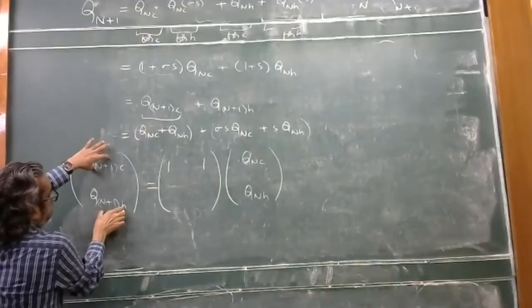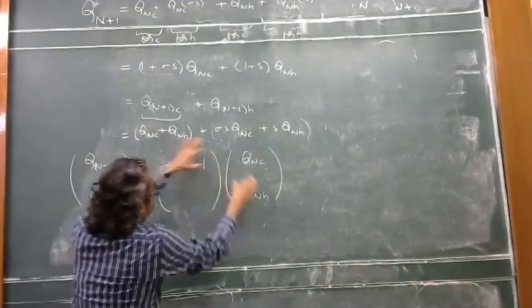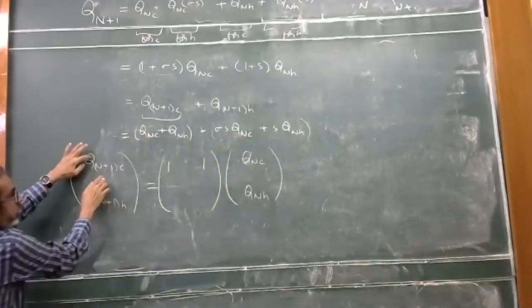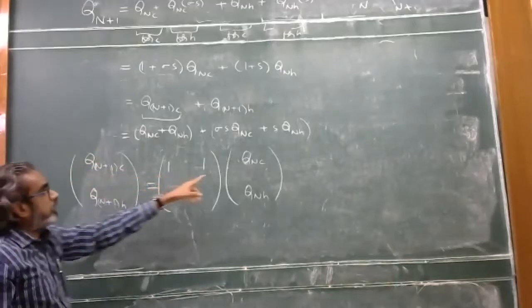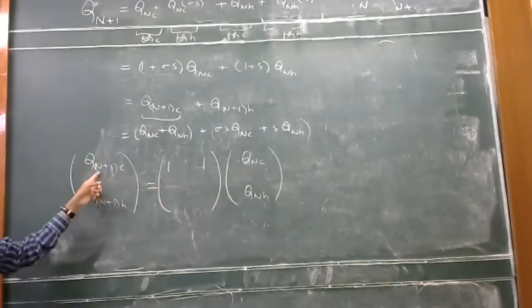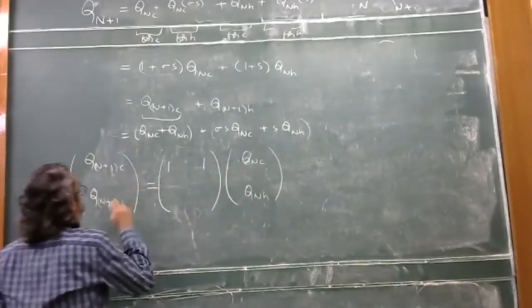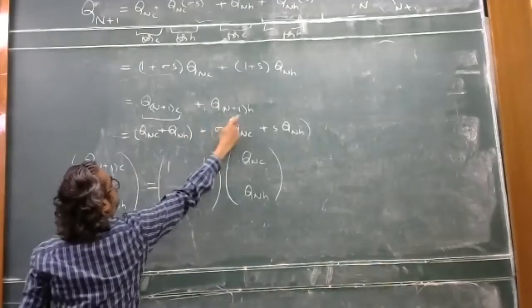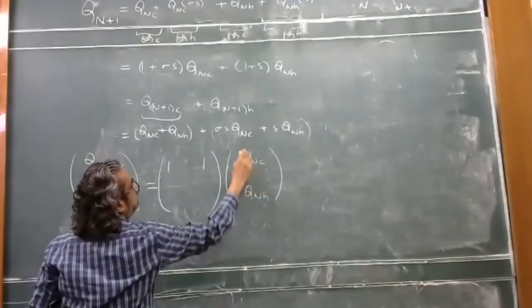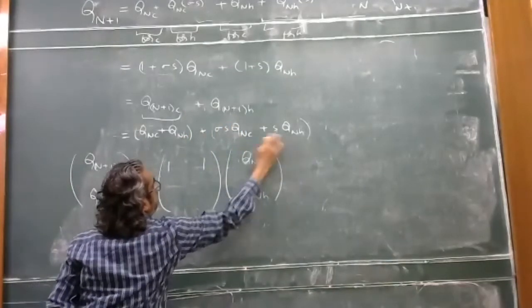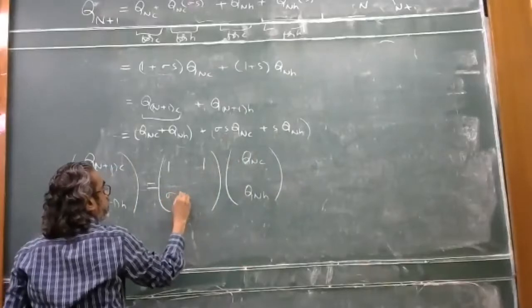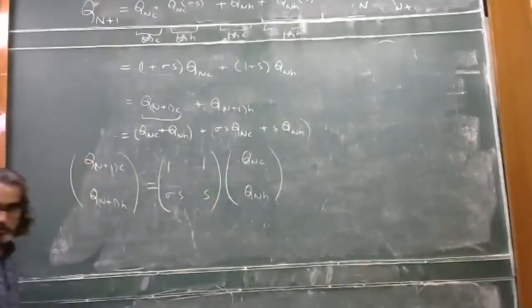This multiplied by these two will give you Qn plus 1. So QnC plus QnH is this. And to get the Qn plus 1 H term, you need to multiply QnC and QnH with sigma s and s.